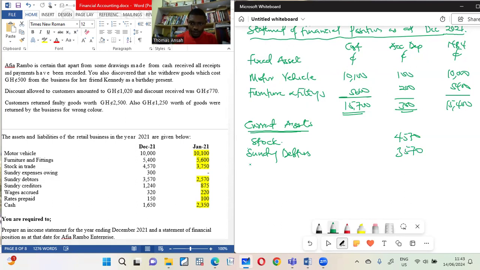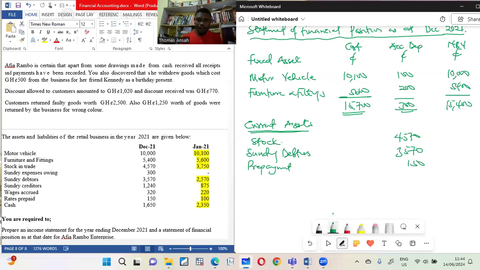Then what do we have again? We have prepayments, right? Our prepayment is rates and it is 150. Okay, so we have that one too. Then we also have our cash. Cash is 1650.